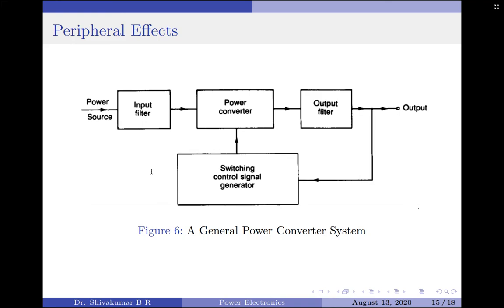It is normally necessary to introduce filters on the input and output of a converter system to reduce the harmonic level to an acceptable magnitude. Such a system that subdues the peripheral effects is shown here.